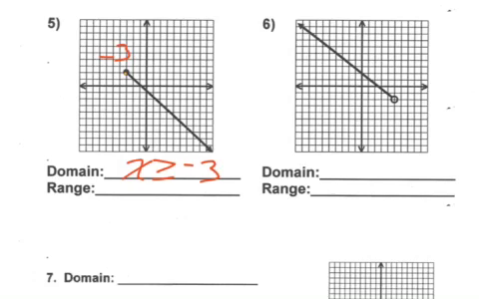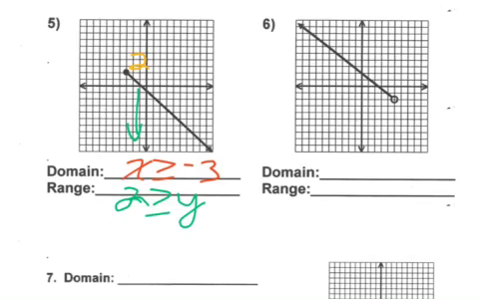As we go down, y is getting smaller and smaller, and so we could write this a couple of different ways. We could write this the way I think of it, as 2 is greater than or equal to y, 2 being the y value here.